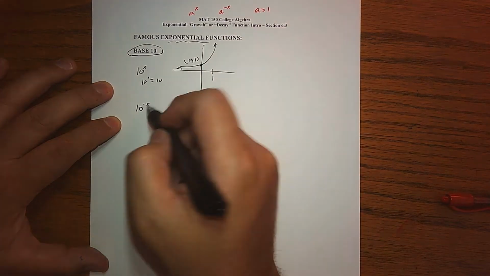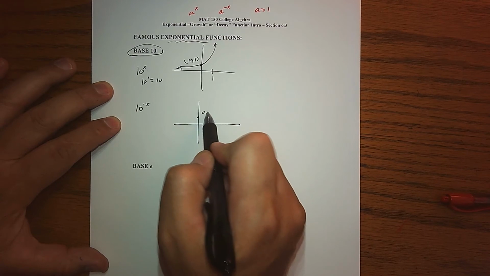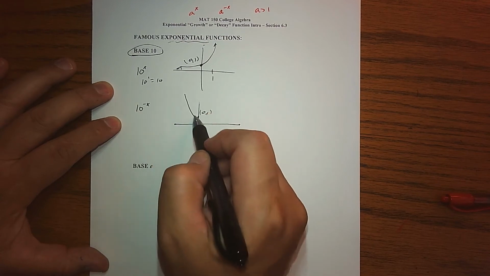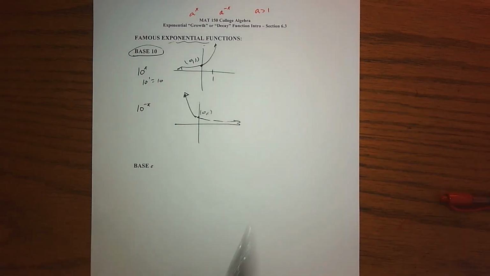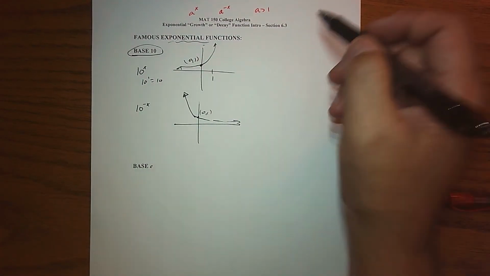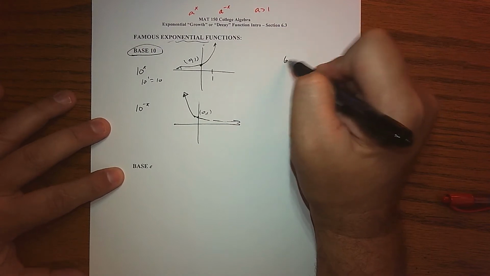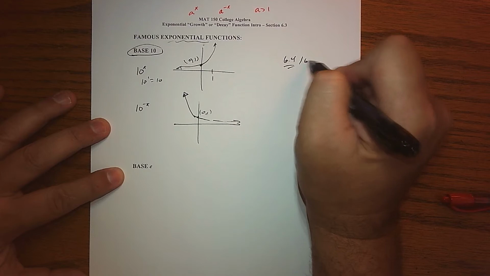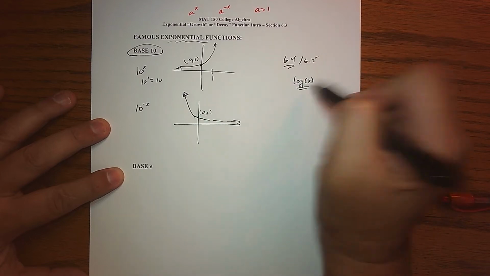And then 10 to the negative x, like any classic decay model, is still going to go through (0, 1), but it's going to come down fast and then slowly flatten out. The reason 10 to the x is so famous is because of its inverse, which we're going to learn about later, I think in 6.4 or 6.5. The inverse of this function is log base 10.